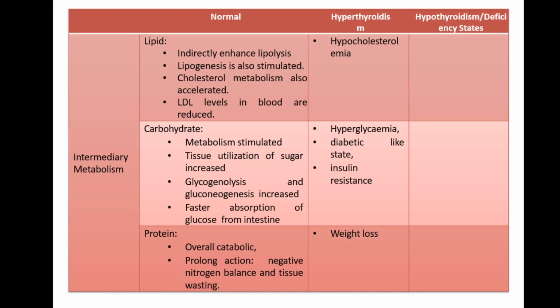Similarly, in carbohydrate metabolism, a diabetic-like state will occur because much more glucose will enter the blood, and that will cause an increase in blood sugar. In protein metabolism, if there is hyperthyroidism, it will show weight loss because more protein will get broken down.